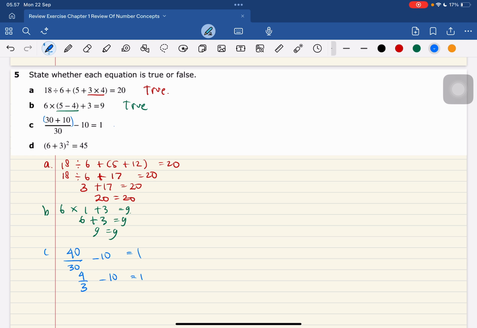So this is not correct. Wrong. False. Next, inside the bracket, let's finish it first. So this is going to be 6 plus 3 is 9 squared equals 45. 9 squared is 81. So 81 is not equal to 45. So this is false.